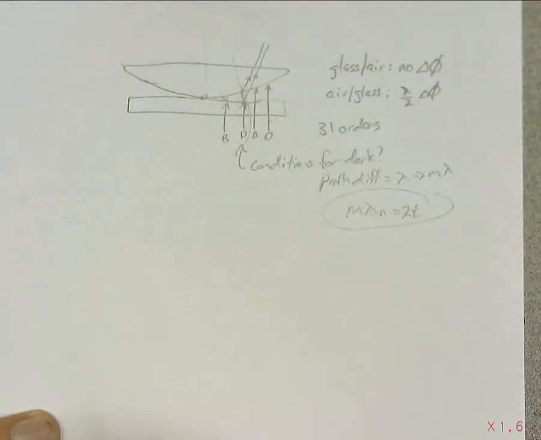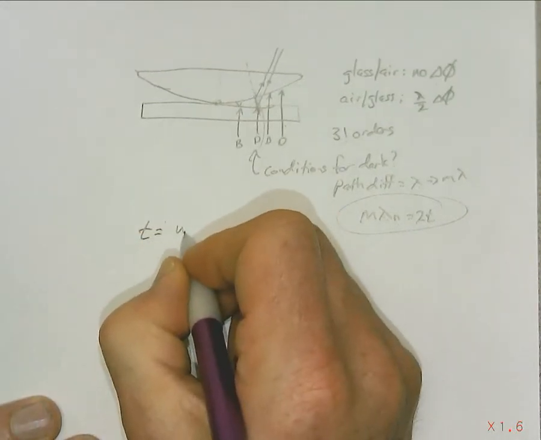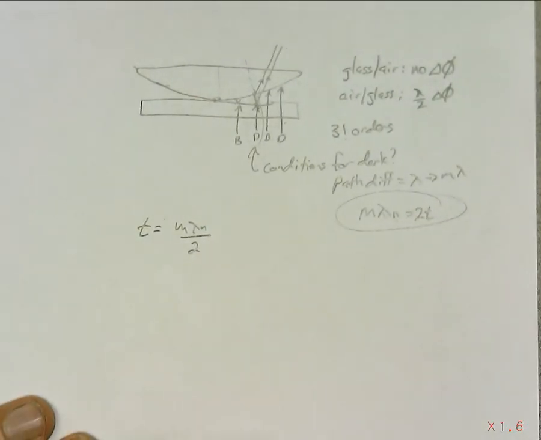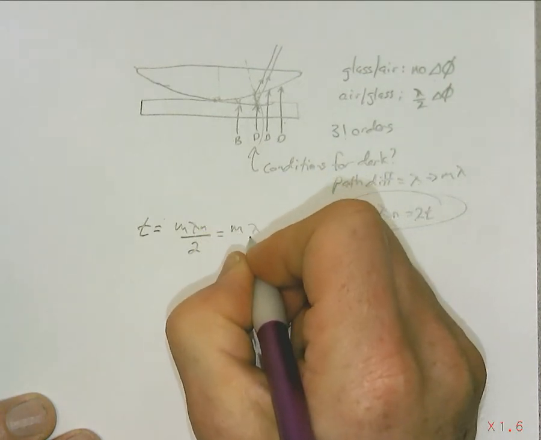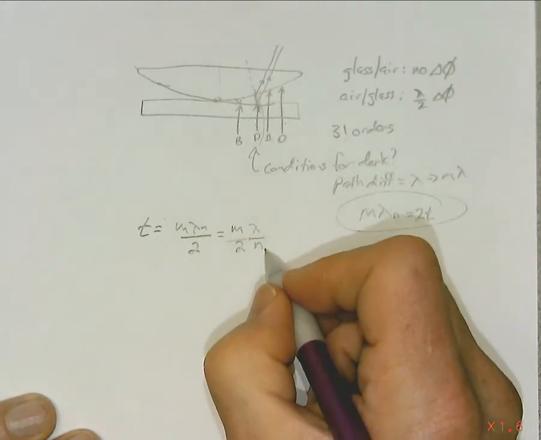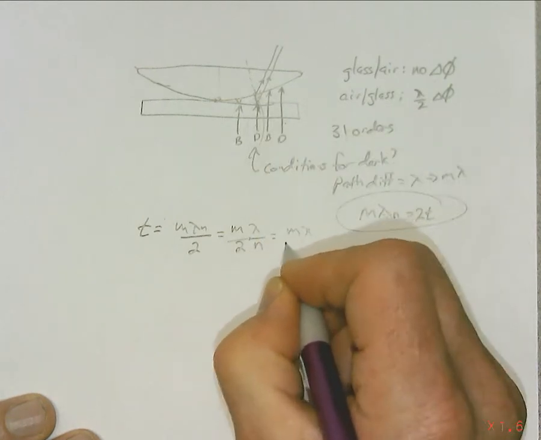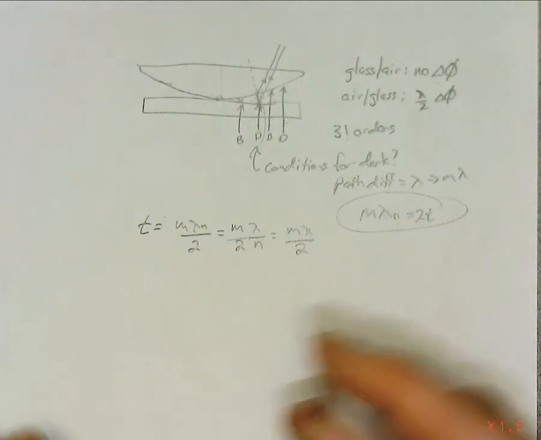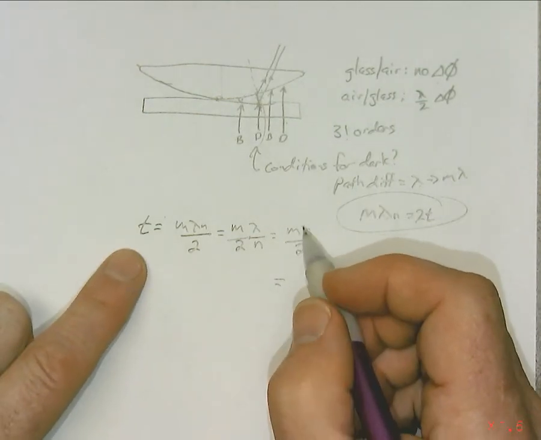So the thickness is equal to m lambda sub n over 2, and lambda sub n is equal to lambda over n, but n is equal to 1 because it's just the air. So this is equal to m lambda over 2, with lambda in air. That is the condition, and that is basically the equation for the thickness.